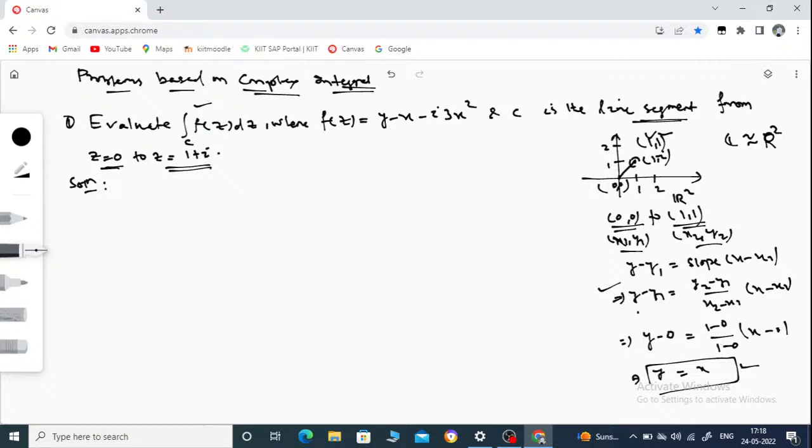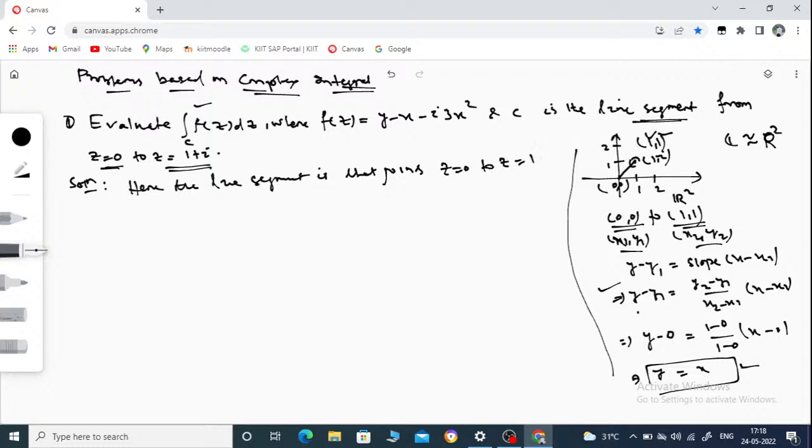So the line segment that joins z equal to 0 to z equal to 1 plus i is given by y is equal to x.